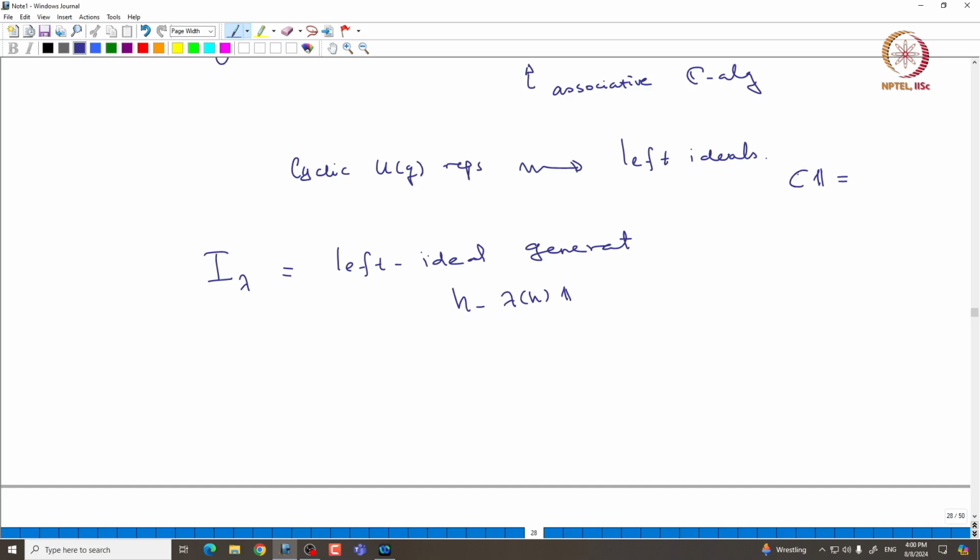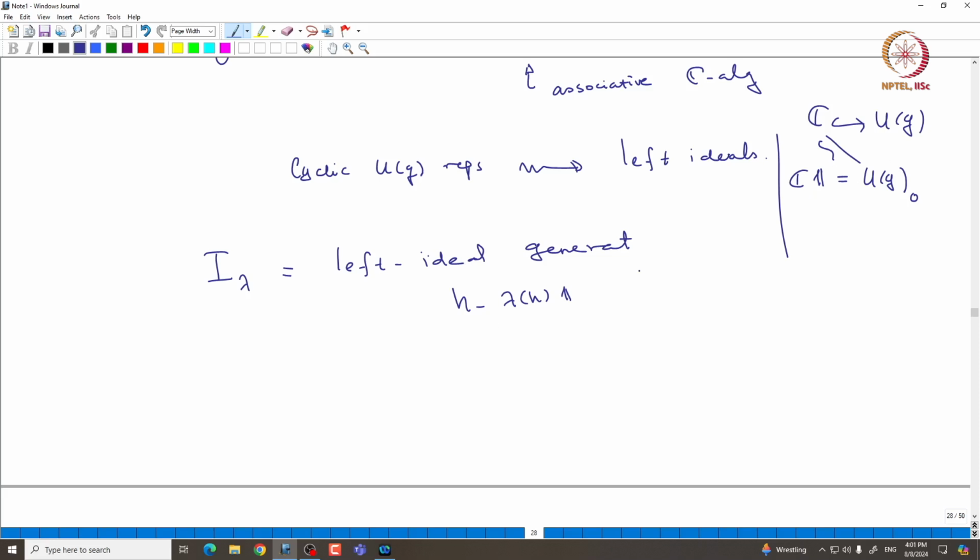So 1 is the zeroth component of UG, because C naturally sits inside UG, and its span is the 1.